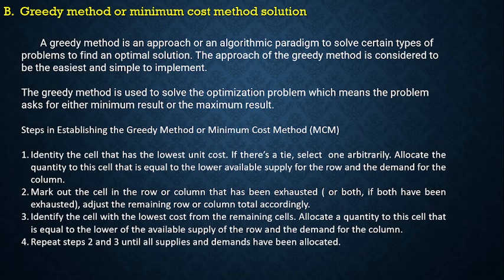And number three, identify the cell with the lowest cost from the remaining cells, and allocate quantity to the cell that is equal to the lower of the available supply of the row and the demand for the column. And number four, repeat steps 2 and 3 until all supplies and demand have been allocated or satisfied.